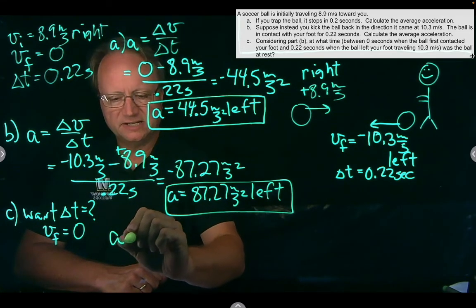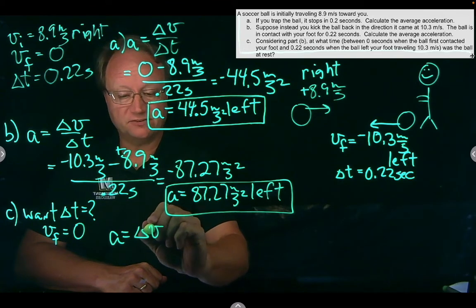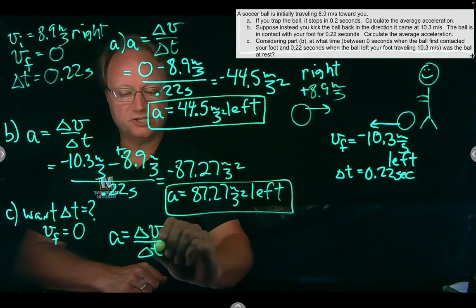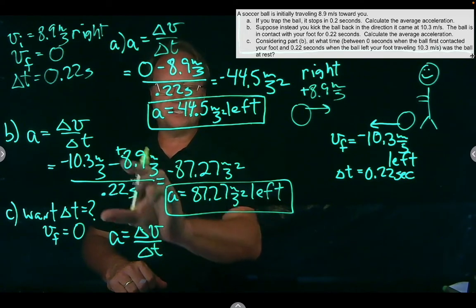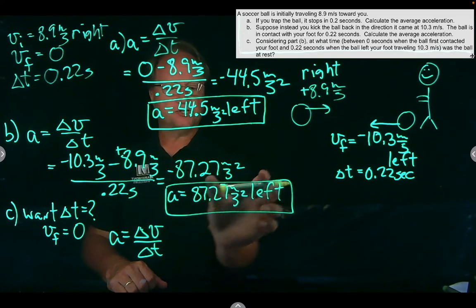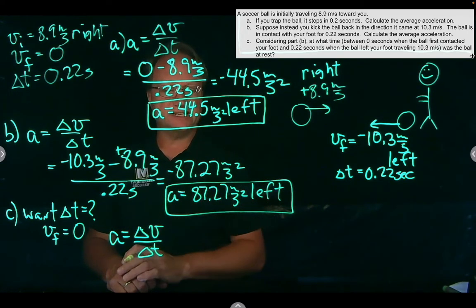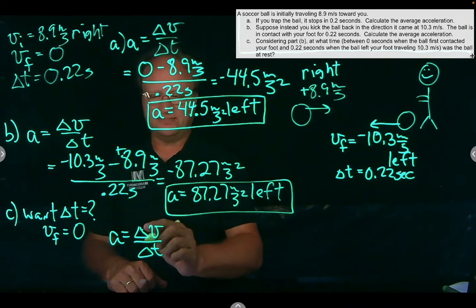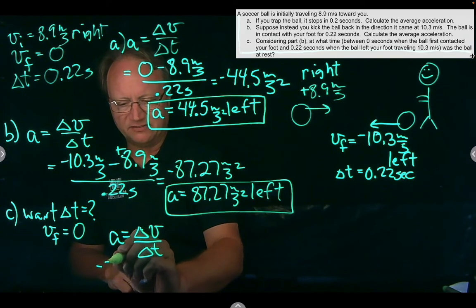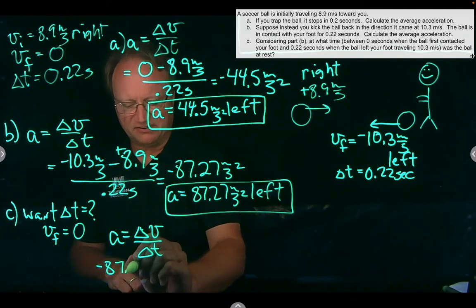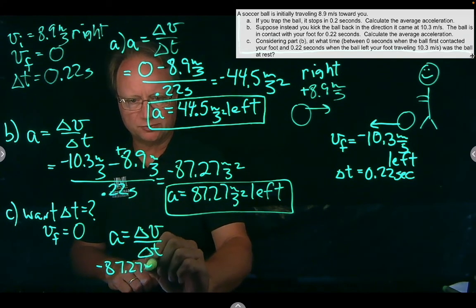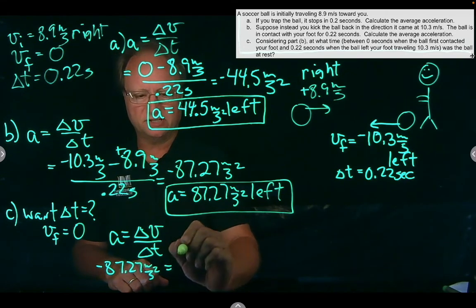So then acceleration is change in velocity over change in time. We're using the same interval as part B, so then our acceleration is still 87.27 meters per second squared left. So I'm going to put in a negative 87.27 meters per second squared for our acceleration.